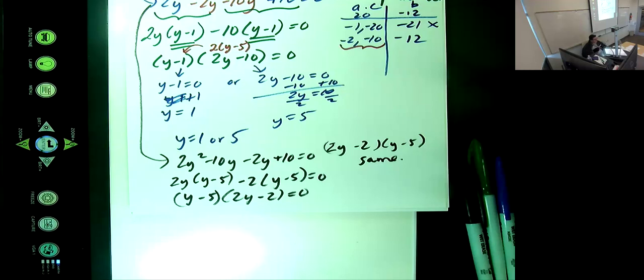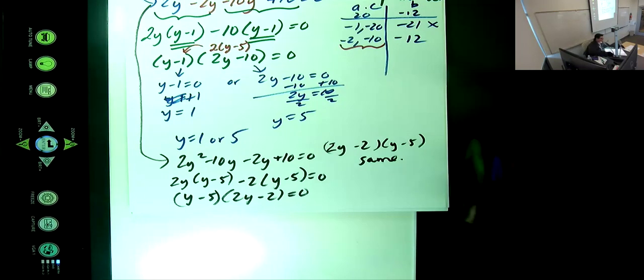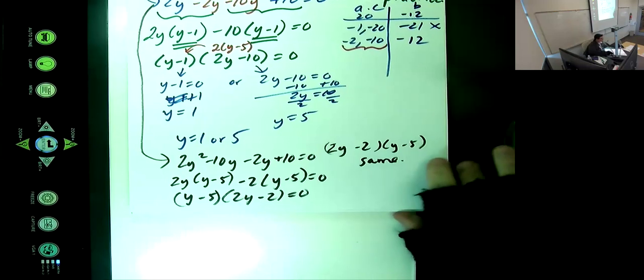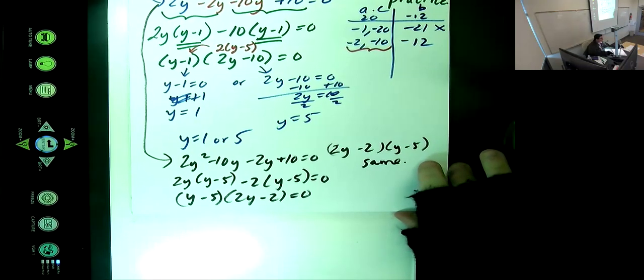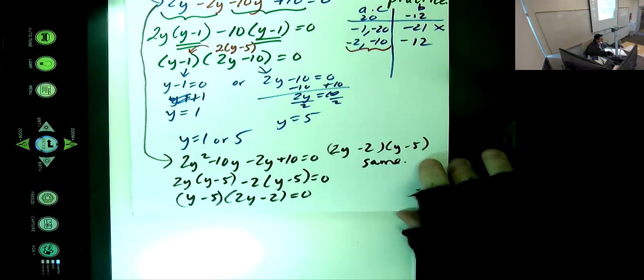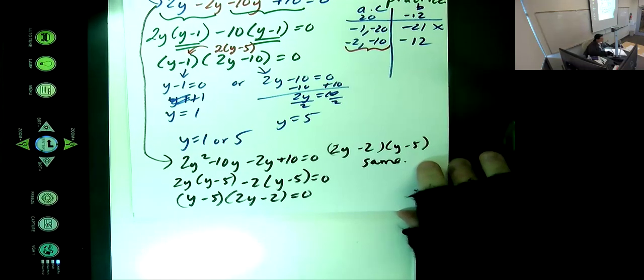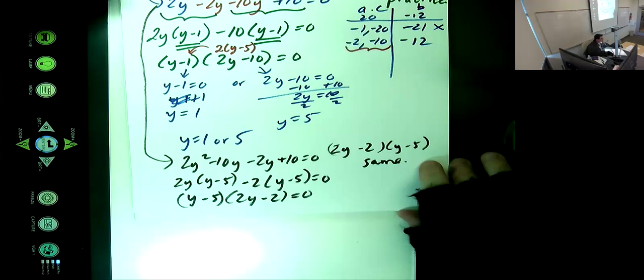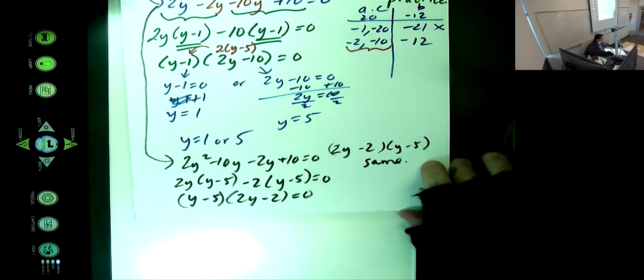So it's better to learn the process that always works rather than the shortcut method that doesn't work very often. If you can avoid the table and figure out the factors, that's the best way to go. That comes with practice and experience. I very rarely need a table, unless the numbers are really big, I can do it quickly in my head and figure out what works, but I practice a lot.